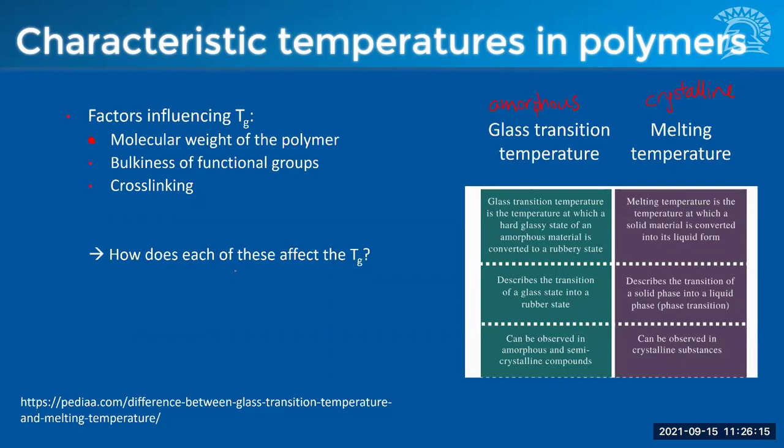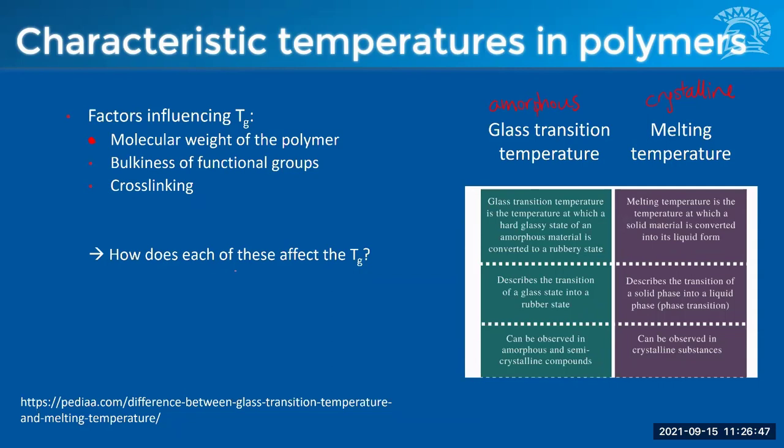It is observed, but the melting temperature in amorphous substances, after the melting temperature, the polymer pretty much turns to goo. It's not very useful as what we would think of to use a polymer for at that point. So when we're thinking about temperatures to use for forming the materials, like for manufacturing, glass transition temperature is generally what you want to keep an eye on and plan your process around, rather than a melting temperature.